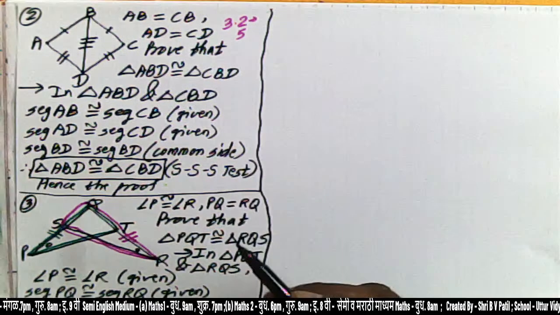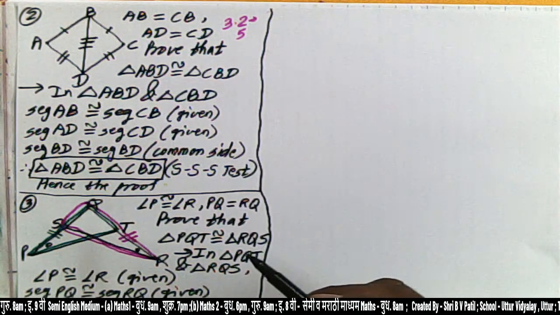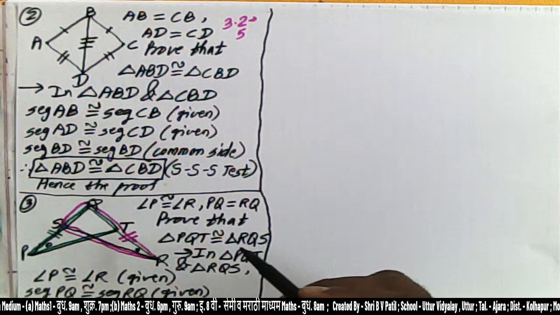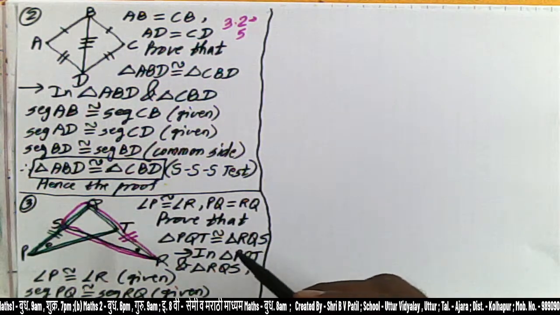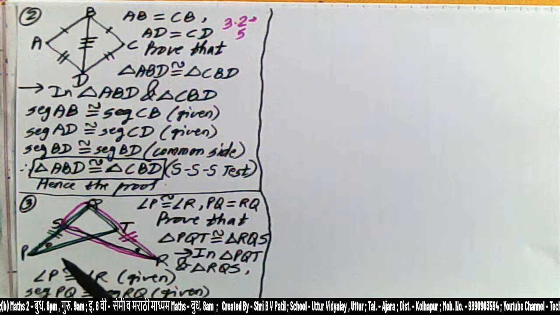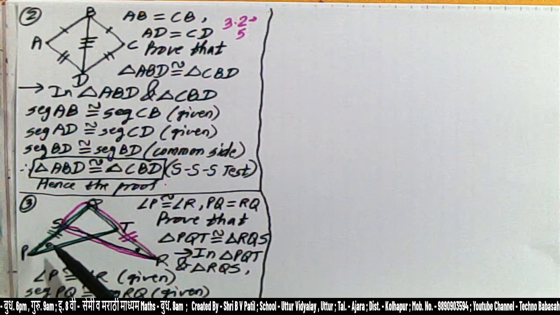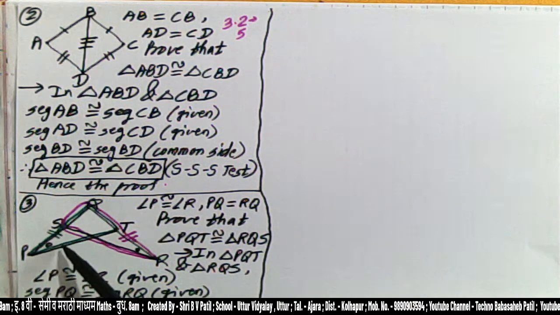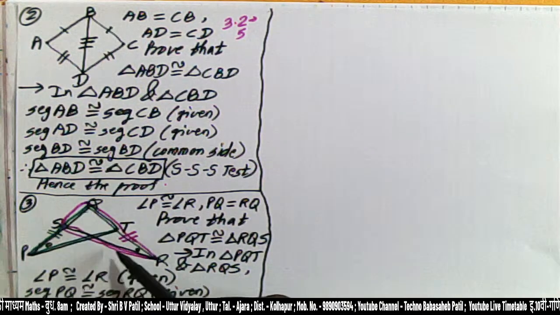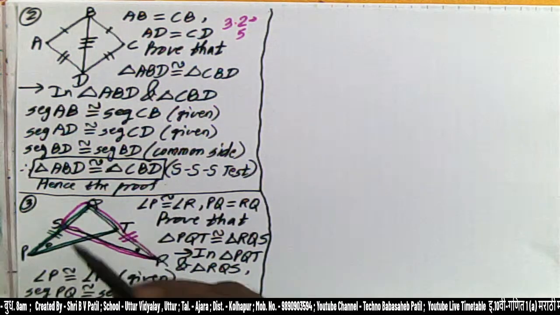Then the next condition. Tell me the other condition. Here is the green triangle and here the pink triangle.